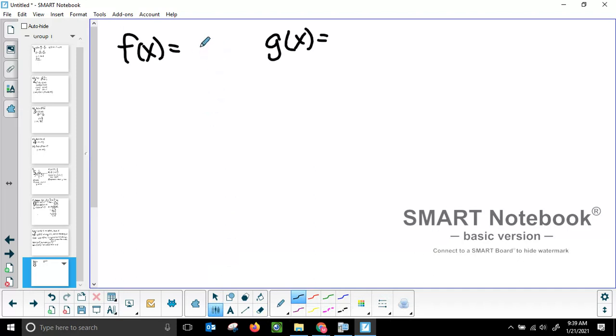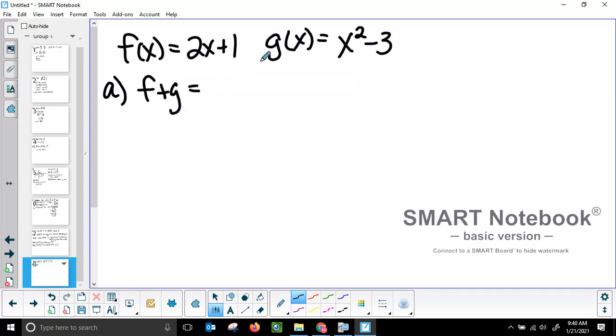Alright, f of x is 2x plus 1, and g of x is x squared minus 3. It says find the following and state the domain. So A is f plus g. Well, all we do is add these.